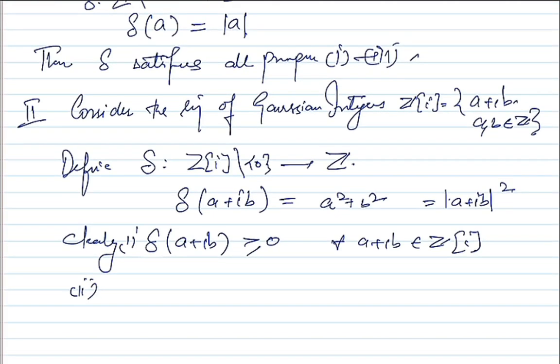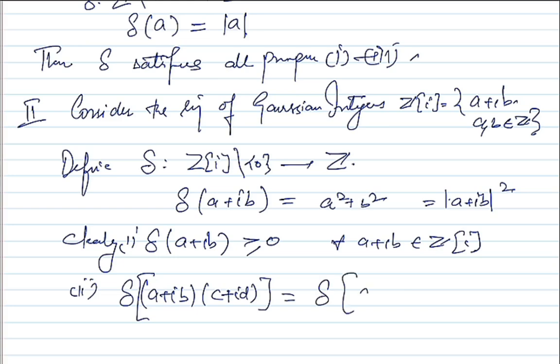Second, if you take the multiplication of 2 elements and then apply delta, that will be delta of ac minus bd plus iota times ad plus bc.